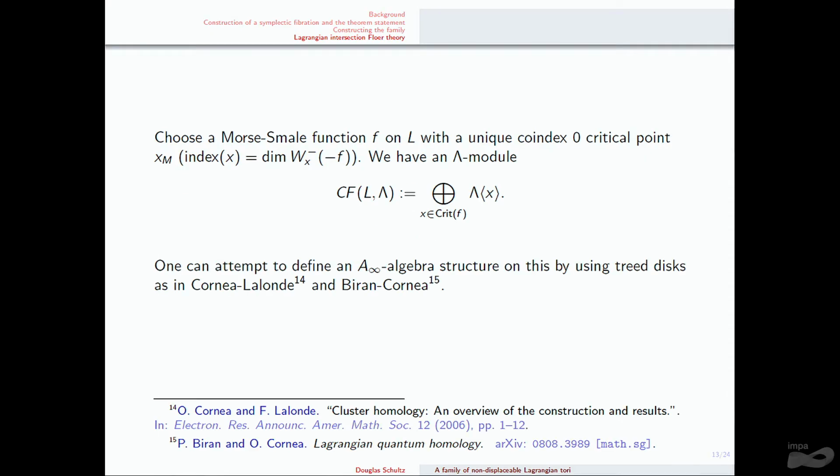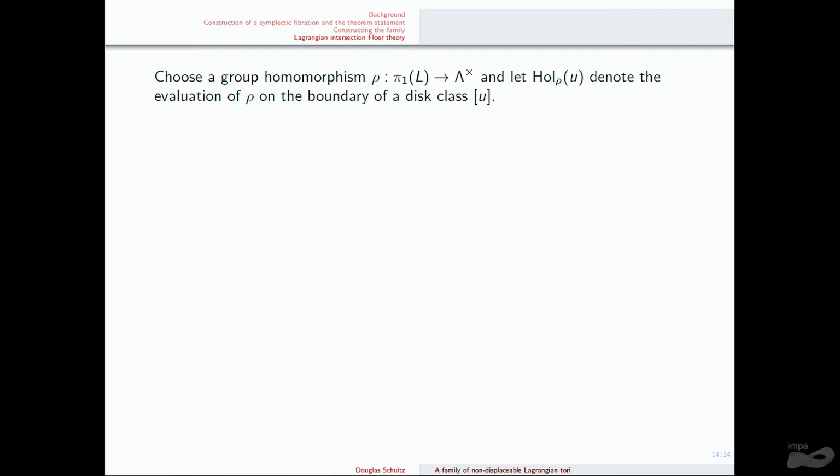Okay? And then you can attempt to define an A-infinity algebra structure on this by using these tree disks, as in Cornea-Lalonde and Biran-Cornea. And you pick a local system, like we've seen so far, which is a representation of pi1 into the group of units of the Novikov ring, and let this denote the holonomy evaluation around the boundary of some disk class in H2(X, L), a relative disk class.